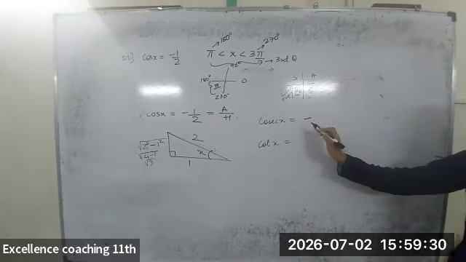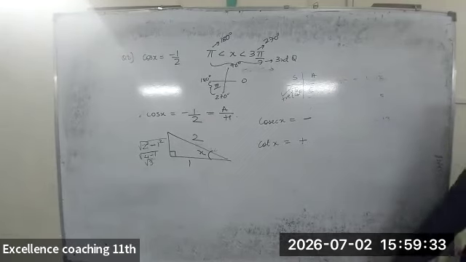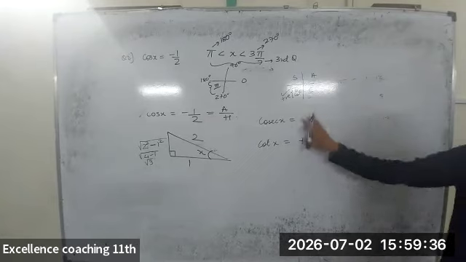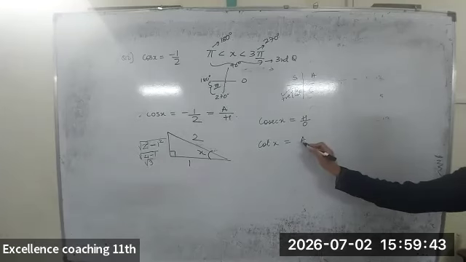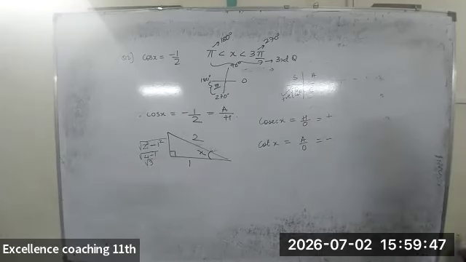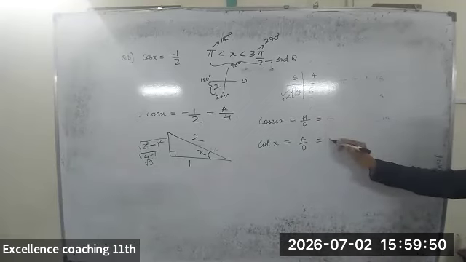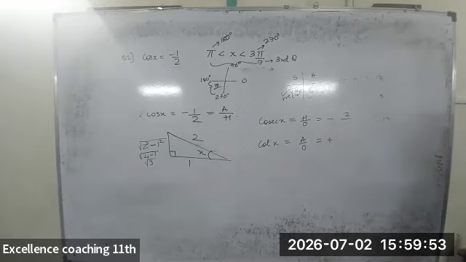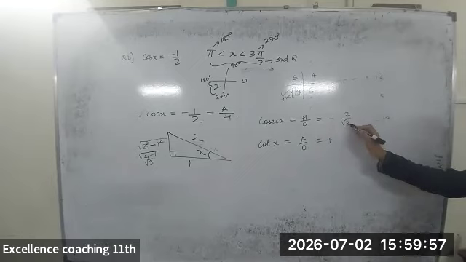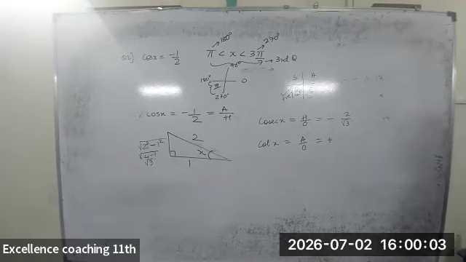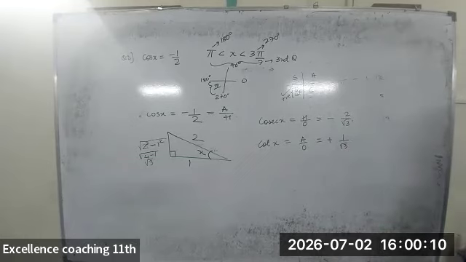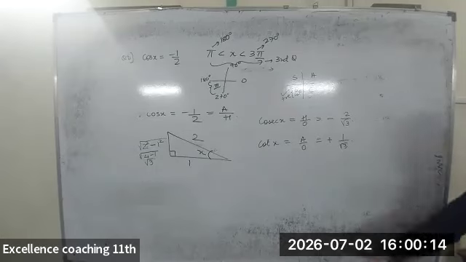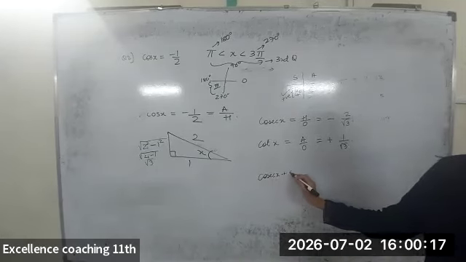So cosec will be negative, cot will be positive. And now add both the answers, because it is asked in the question.